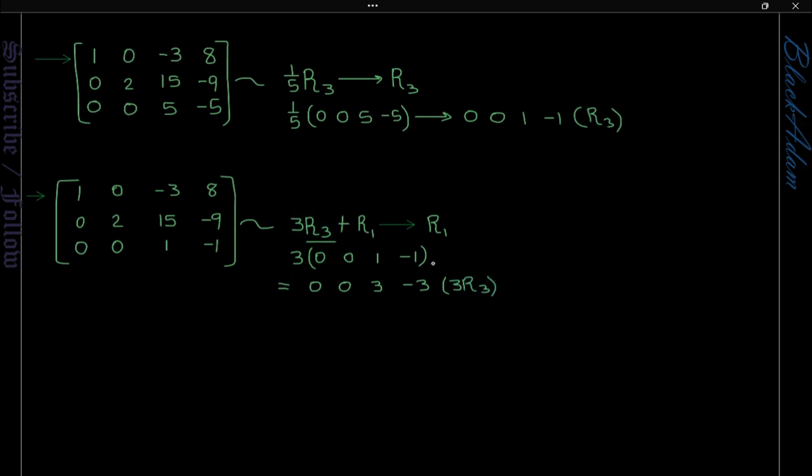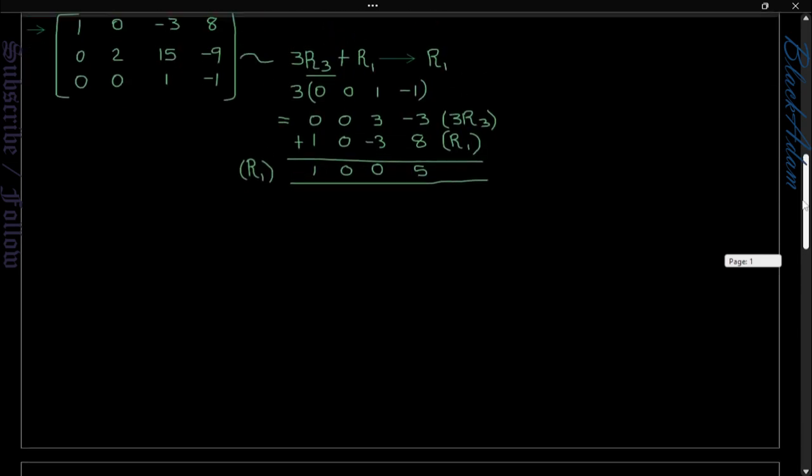And from there we need to just replace row 1, which is 1 0, no, I think row 1, that's 1 0 -3 and 8. And then from there we add this 1 0 0 and then +5. So we replace that on row 1.